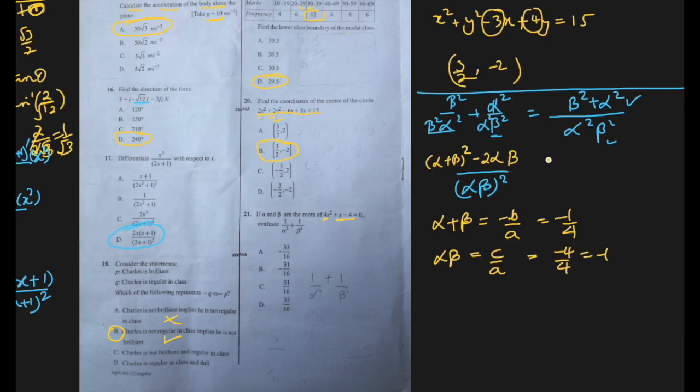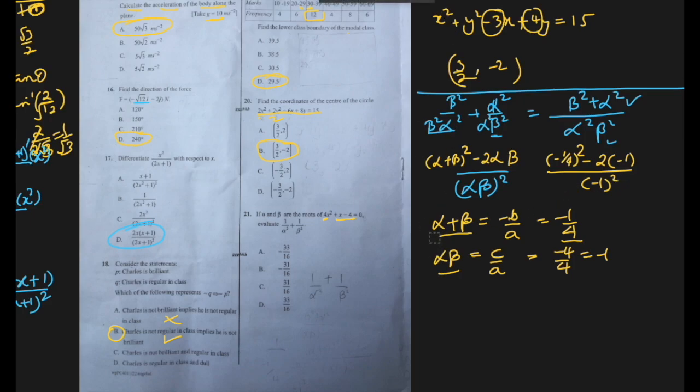Now let's substitute them one by one here. Alpha plus beta square, where alpha plus beta is negative 1/4, minus 2 times alpha beta, the product of alpha and beta being negative 1, divided by alpha beta, again negative 1 square.